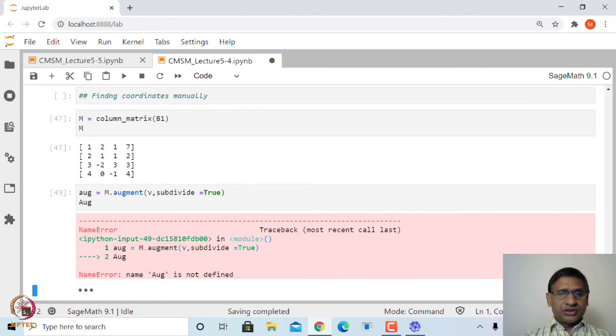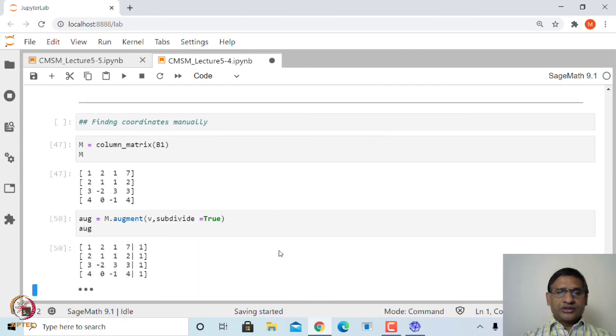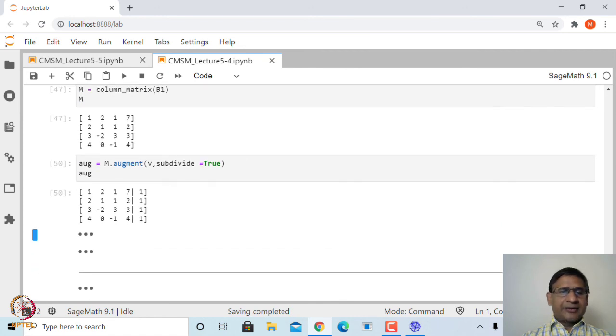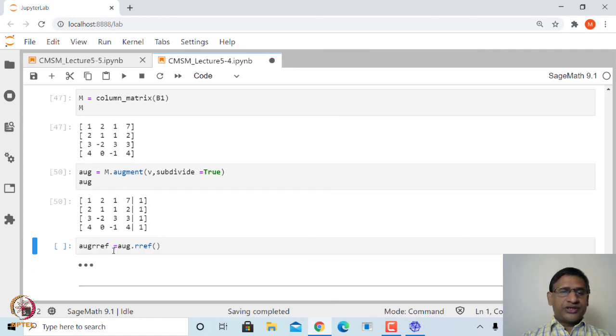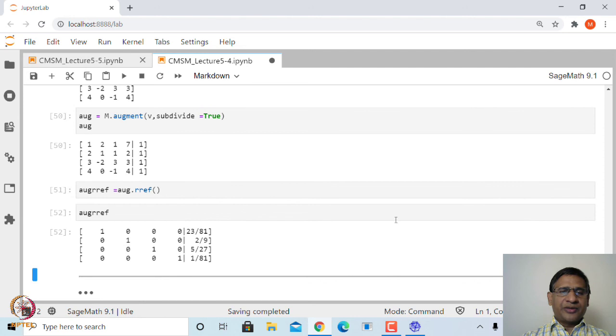So this is a matrix, and then apply RREF to this. When you apply RREF, the last column will be the solution of Mx equal to v, and this will give you the coordinates.